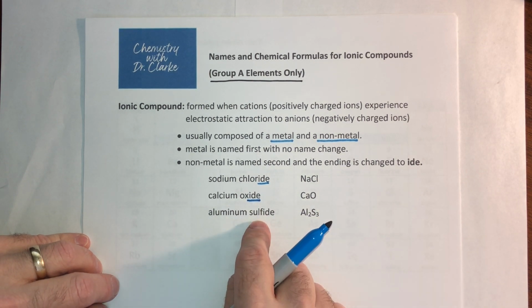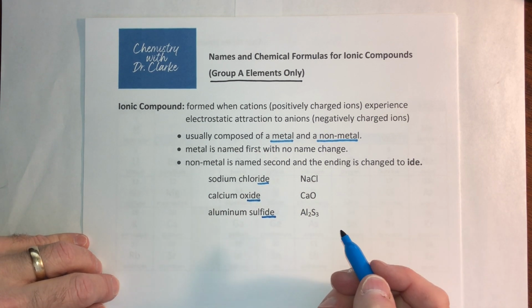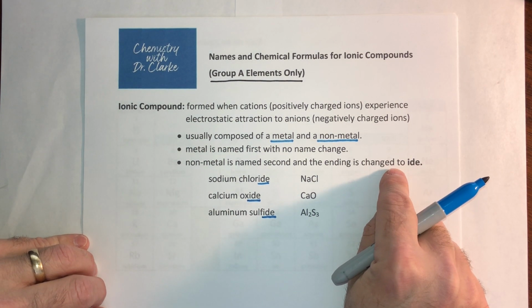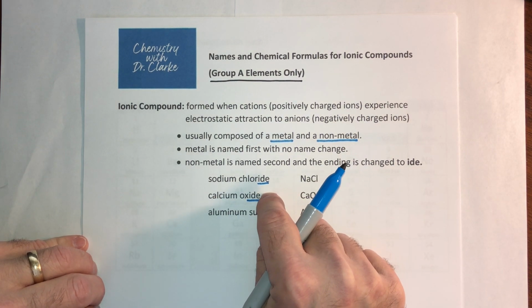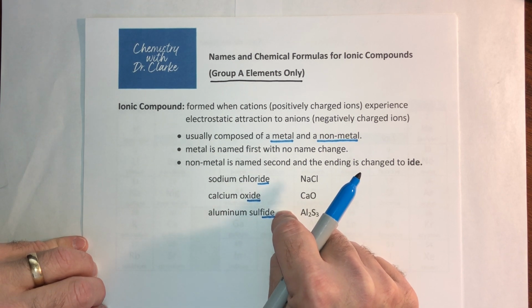Sulfur on the periodic table ends in ur, but here we've changed its ending to ide. So the minute that your nonmetal becomes part of an ionic compound, it does change its ending. Chlorine to chloride, oxygen to oxide, sulfur to sulfide.